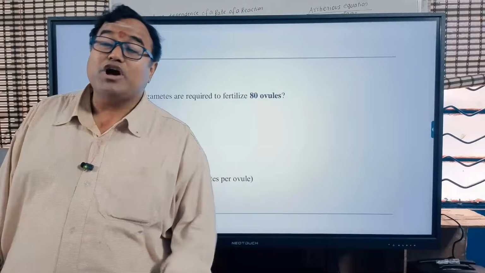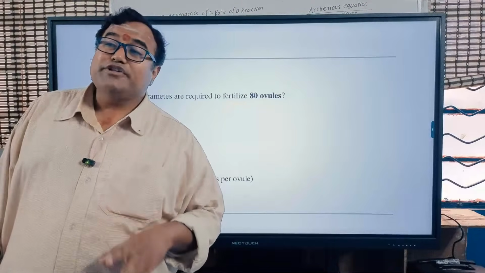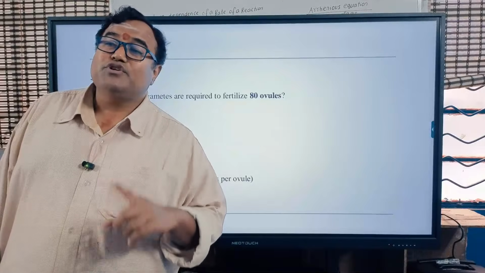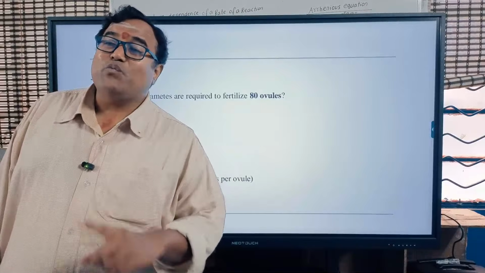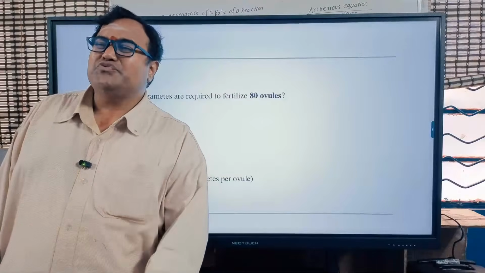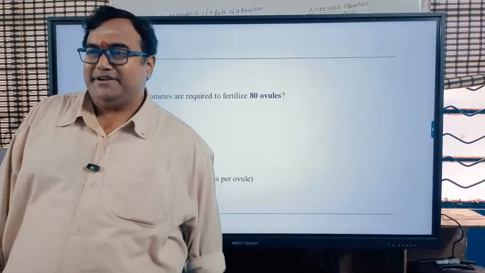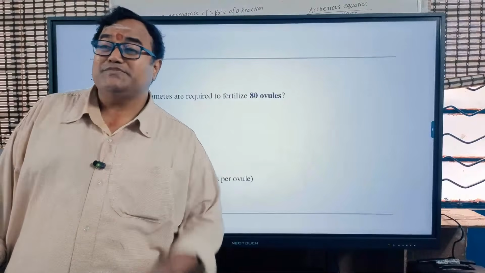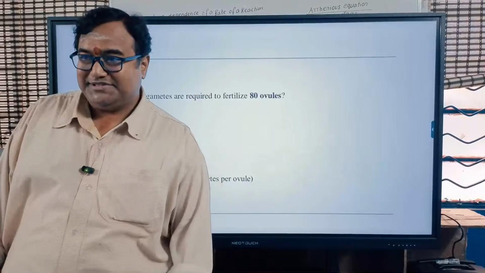Are you getting my point? How did I get the endosperm? Because of the fusion of the secondary polar nucleus and one male gamete. How did we get the zygote? Because of the fusion of one egg with one male gamete. How did we get the secondary polar nucleus? Because of the fusion of two primary polar nuclei.